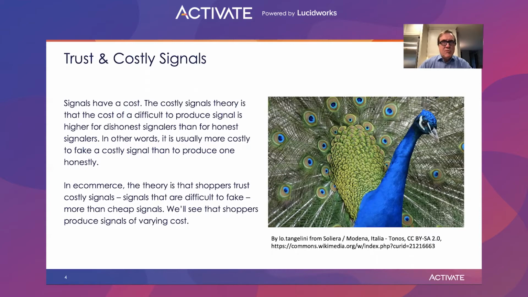So the theory is that the receivers of signals will tend to trust costly signals more than they do signals that are easy to produce. And in e-commerce, we'll talk about this in a little bit. There are definitely varying costs of producing signals. And specifically, I'm going to touch on shoppers that produce costly signals.